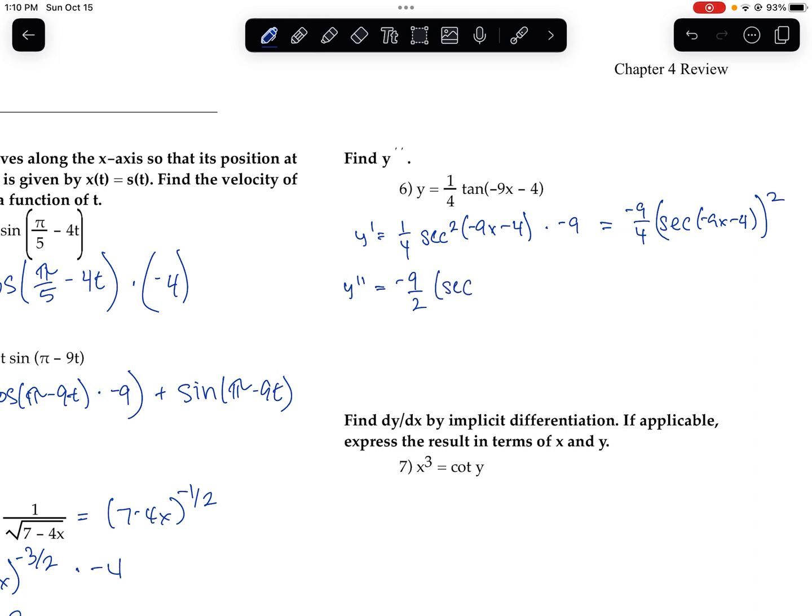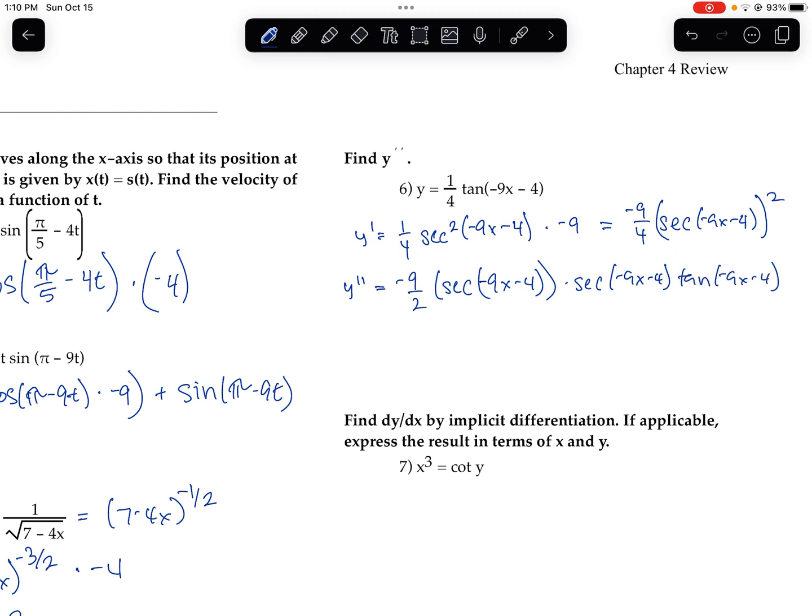So it's going to be secant of negative 9x minus 4, and then that's going to be decreased by 1, so it's just going to be to the first power. Now I'm going to multiply by the derivative of the inside, so the derivative of secant, so times secant of negative 9x minus 4 tangent of negative 9x minus 4.